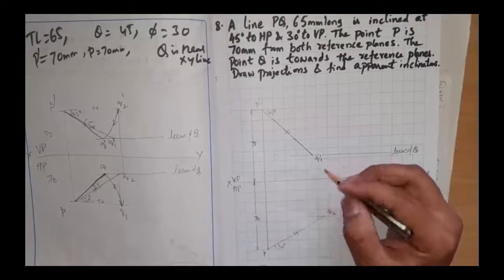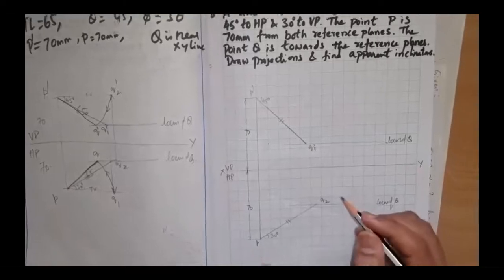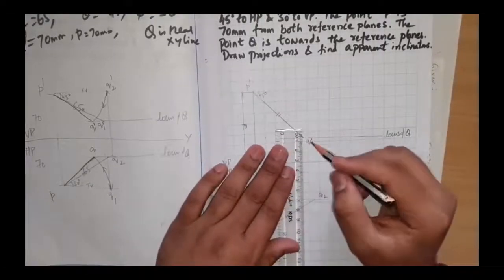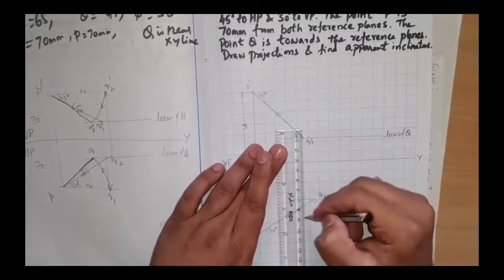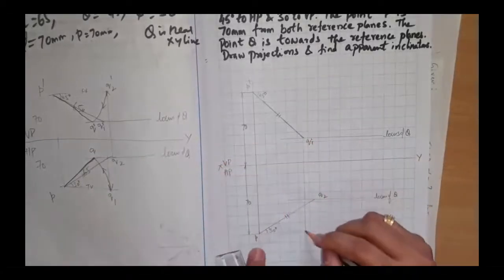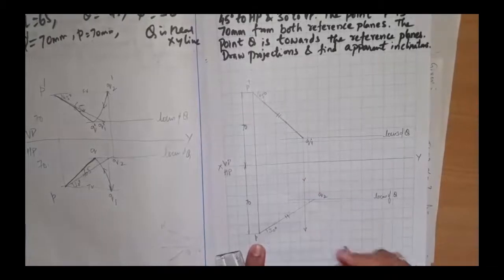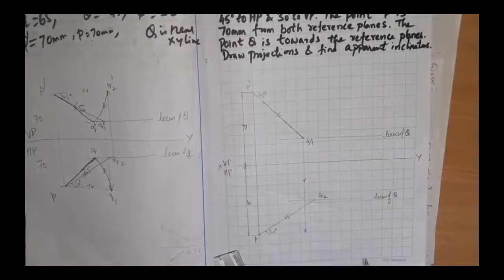This Q1 dash, I'm dropping a projector till the point of rotation P. So you draw an arrow till here.